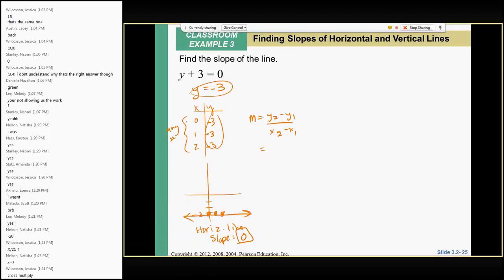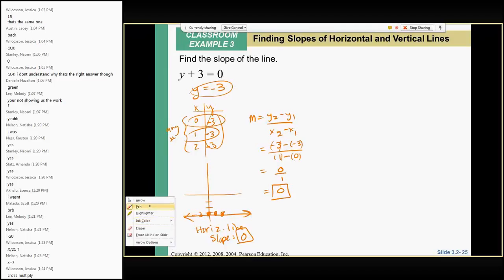So I'm going to pick these 2 points. Your y is going to be negative 3 minus negative 3 in the numerator. And the denominator, I'm going to do 1 minus 0. So I have 0 in the numerator, 1 in the denominator, so my whole answer is 0.